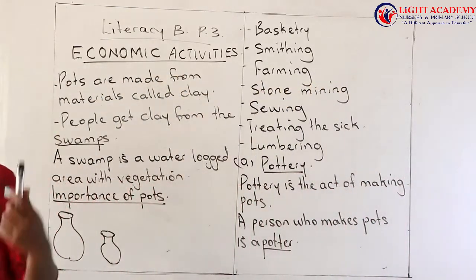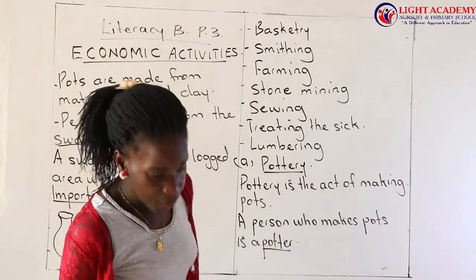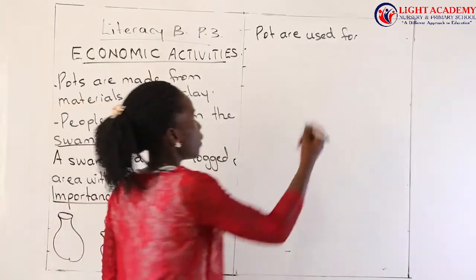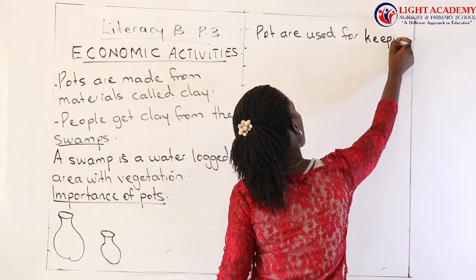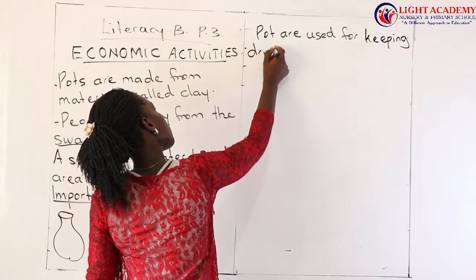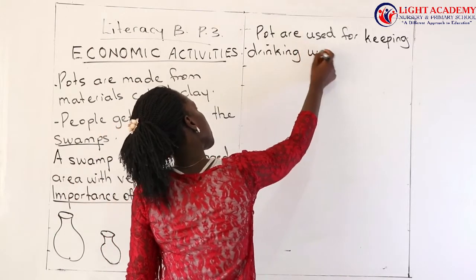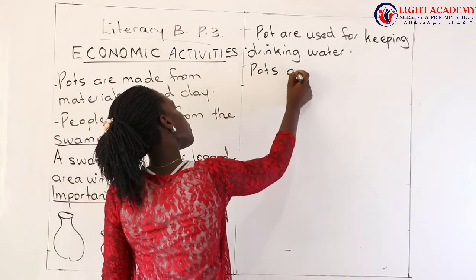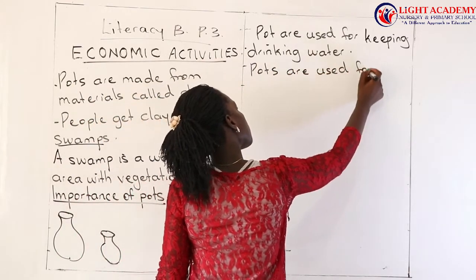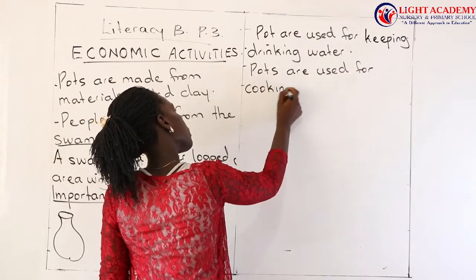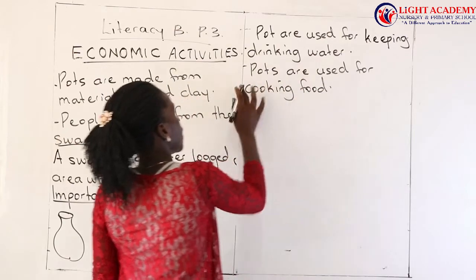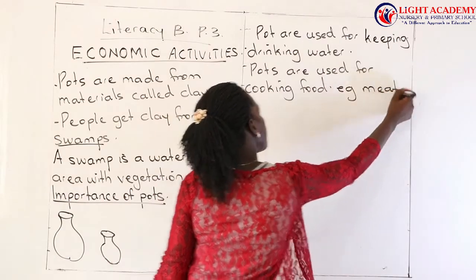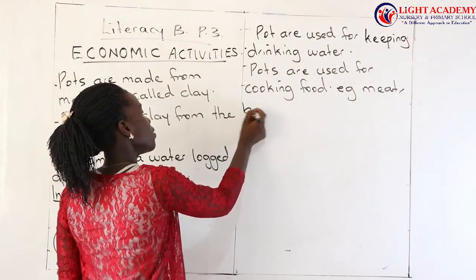So let us look at the importance of pots. One, pots are used for keeping drinking water. Pots are also used for cooking food, for example the stew, the meats, also the beans.